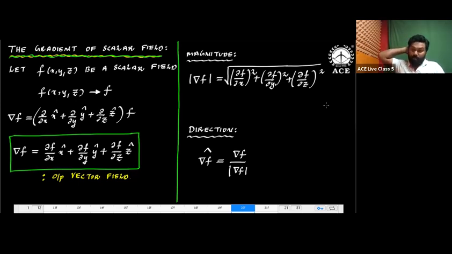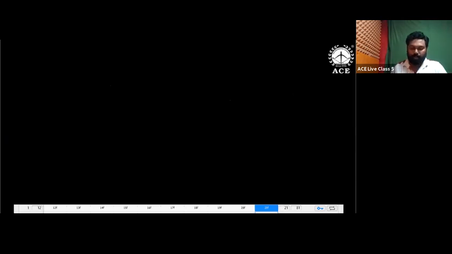Let us have some examples here. I'll elaborate this one and we're going to see the interpretation of the magnitude and direction. Let me turn the page here. I'm going to take what are called isotherms. What is the meaning of isotherms?